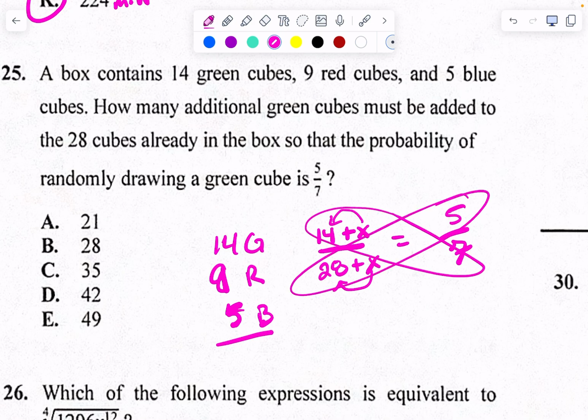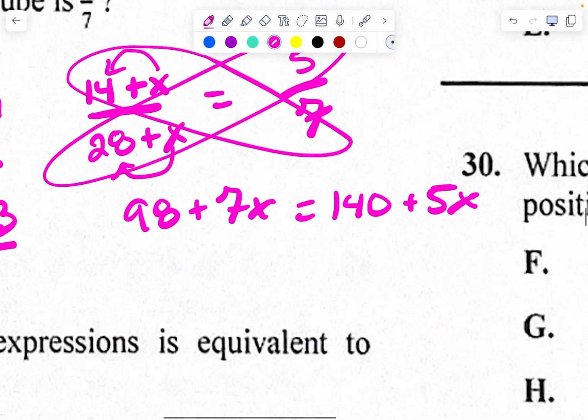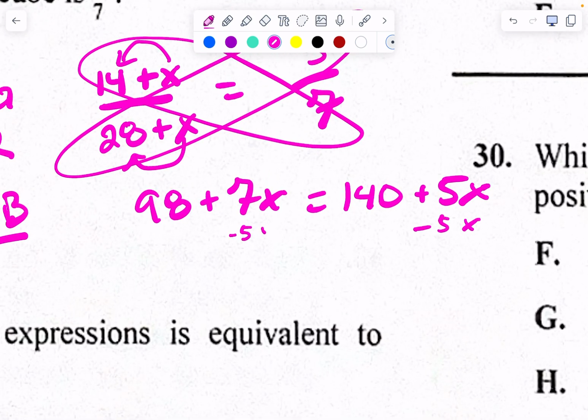So 14 plus x times 7. 14 times 7 is 98 plus 7x equals 5 times 28 is 140 plus 5x. If I subtract the 5x over, I get 2x equals 42.